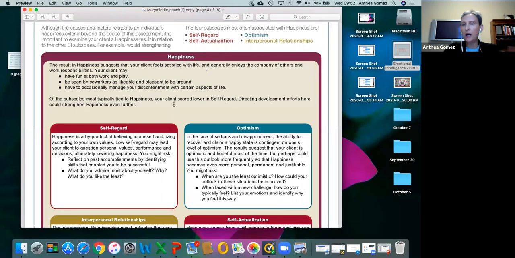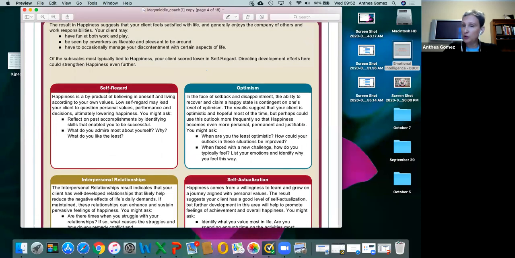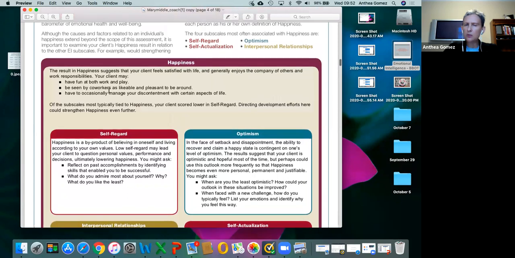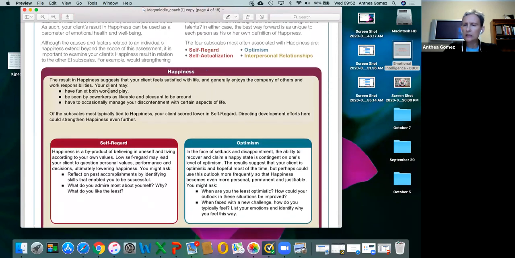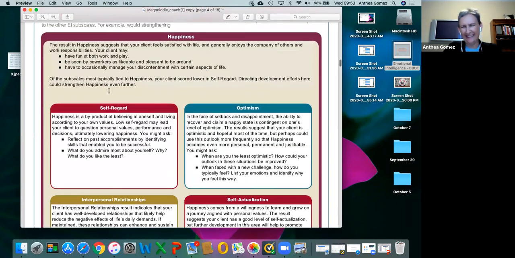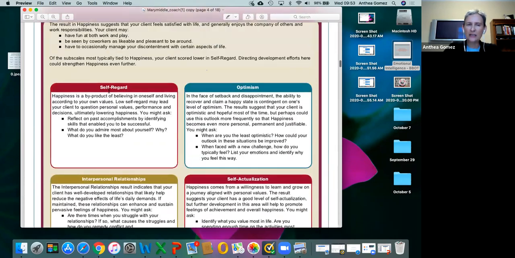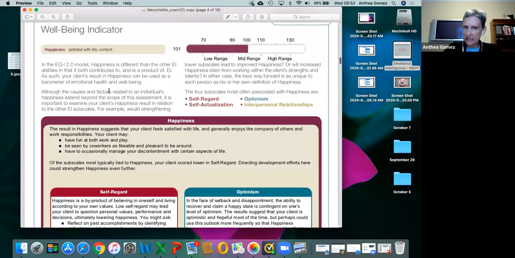It will share on an individual basis where you may want to focus on certain things. I remember my coach asking me, so what do you do for fun, Anthea? And I had to think about that. And I said, well, I guess I don't do a lot of things for fun, but I am happy. So that's the piece on the well-being indicator.